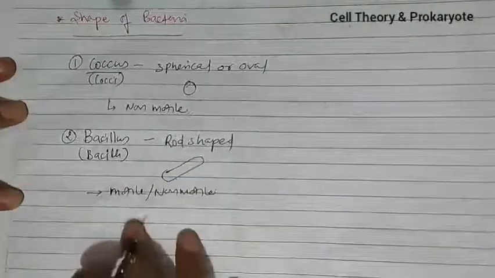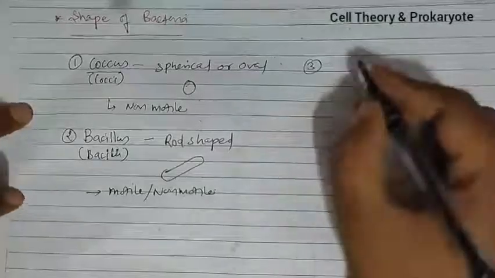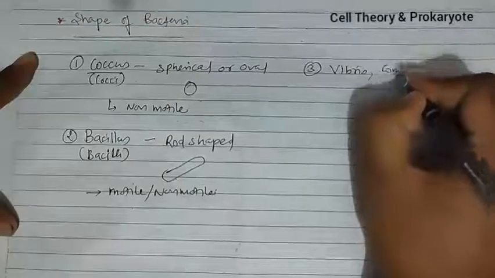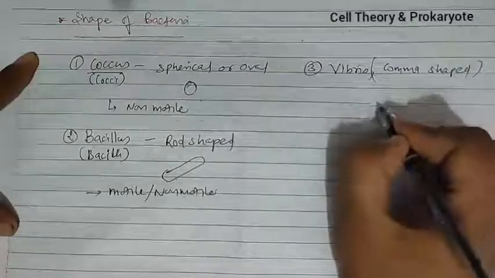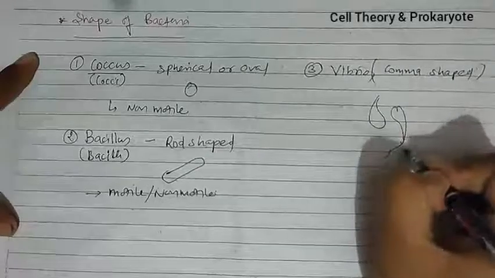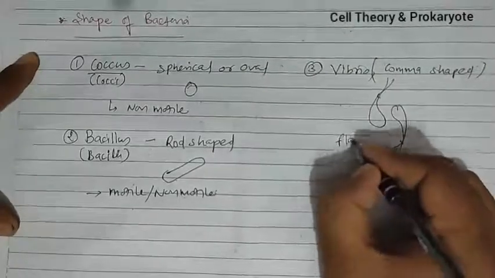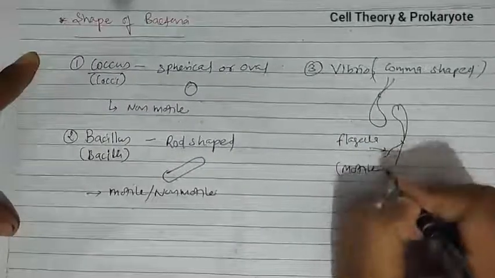Then the third type is vibrio, that is comma shaped. They appear somewhat like this, and they also have flagella, so they are also motile.